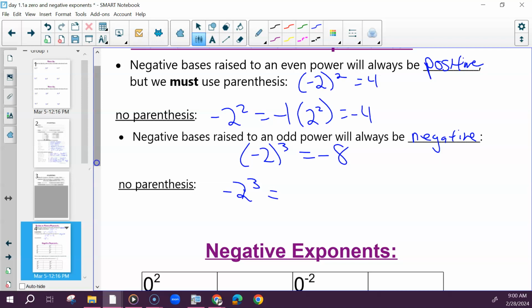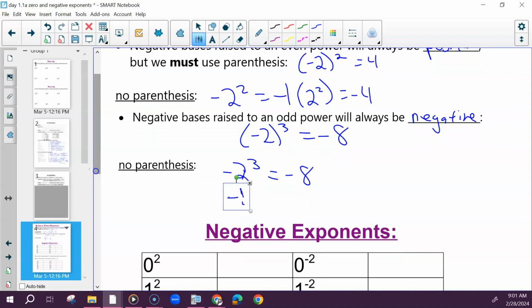Not positive 8, but still negative 8. Because this is saying really the same thing, negative 1 times 2 to the third. So either way, with a negative base and an odd power, you get a negative answer. But with an even power, you have to use parentheses in order to make it positive. So that was a brief review on negative bases. But now we're going to talk about negative exponents.